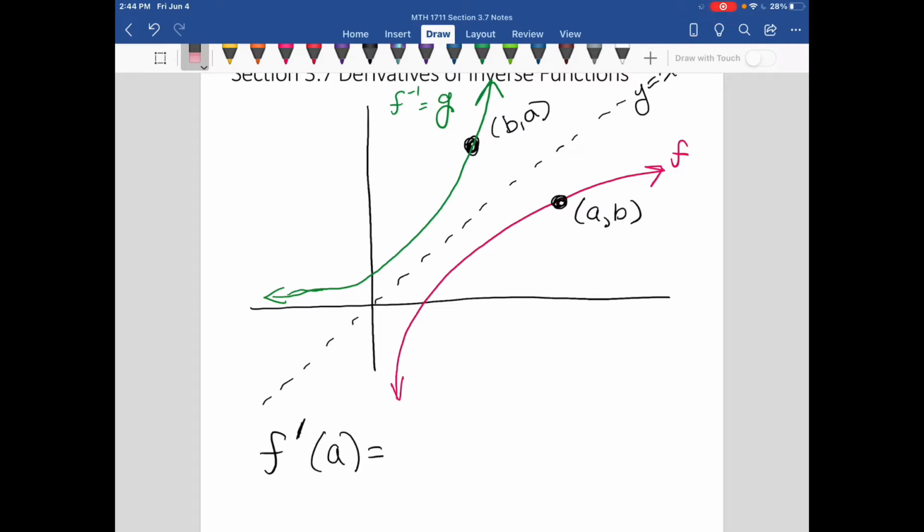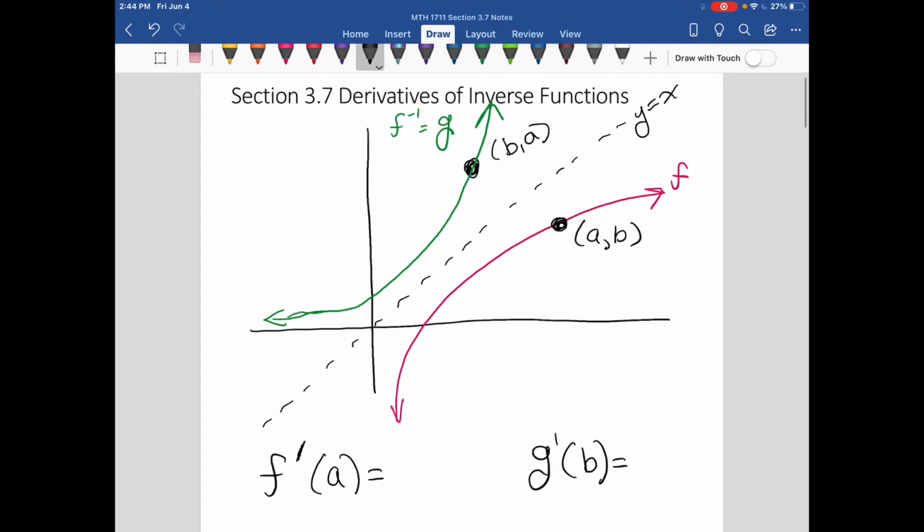And the same thing goes for g. If I wanted to find the tangent line on g that passes through the point x equals b, I would find the derivative of g and plug in x equals b.